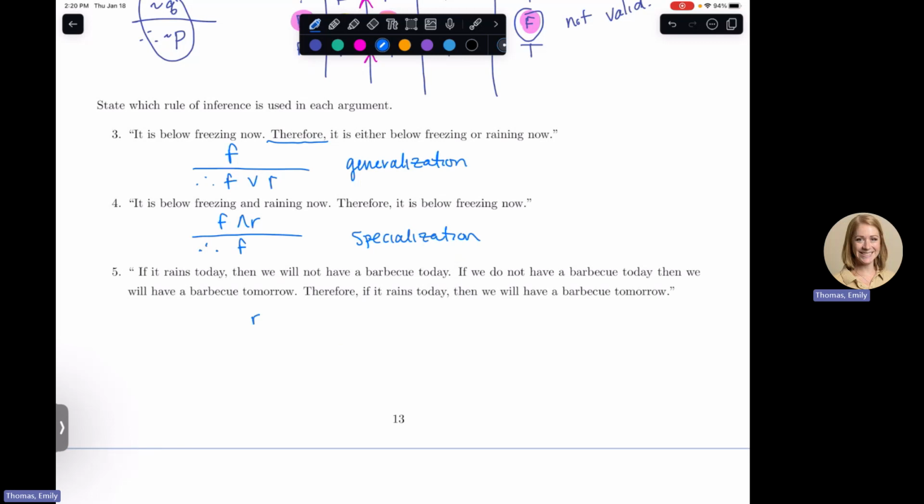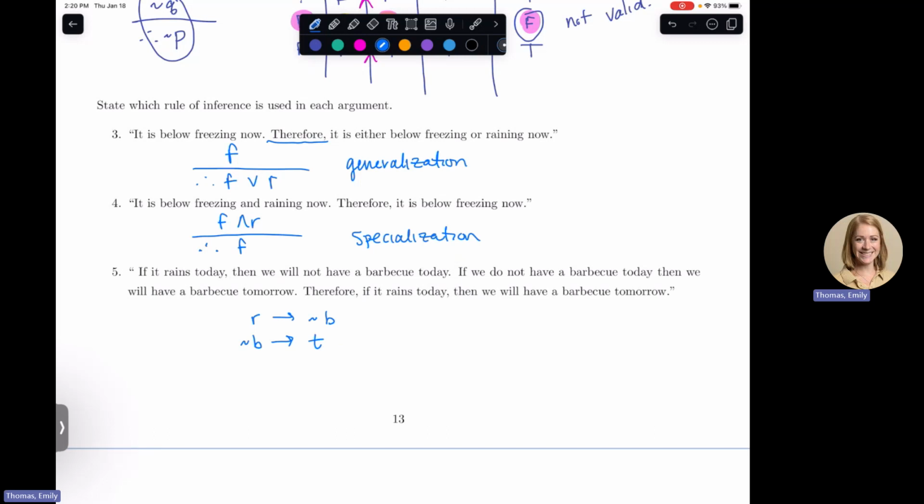If it rains today, then we will not have a barbecue today. How do we feel about that so far? If we do not have a barbecue today, uh-oh, we will have a barbecue tomorrow.